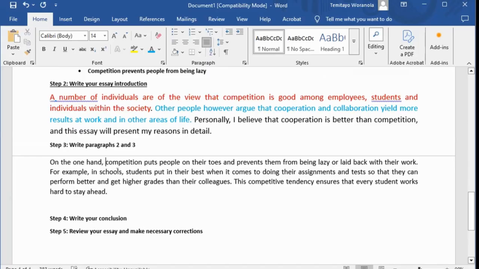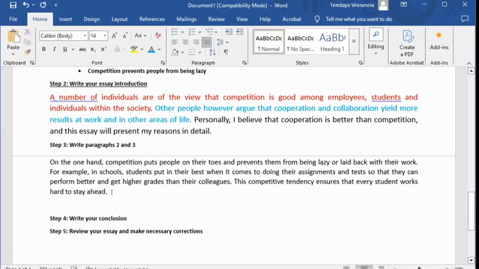For example, in schools, students put in their best when it comes to doing their assignments and tests so that they can perform better and get higher grades than their colleagues. That's sentence 2. Okay? This competitive tendency ensures that every student works hard to stay ahead.